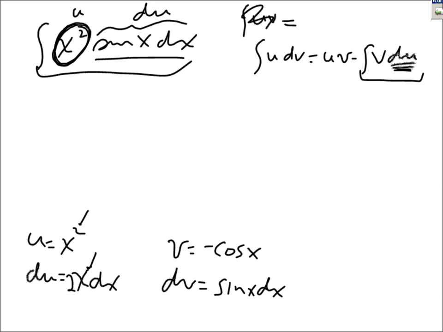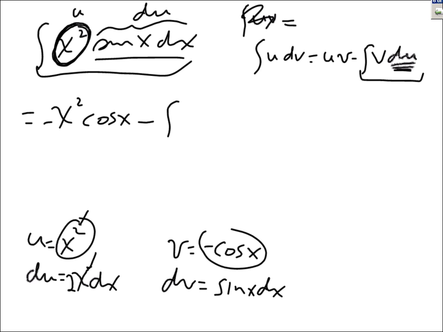So let's see what I'm talking about. You get uv. You couldn't care less what u and v were, because when you multiply them, you get what you get. You don't have to integrate. Minus the integral of v, which has its own minus sign. That's going to make it plus in front. Cosine x times du. But du is 2x dx.